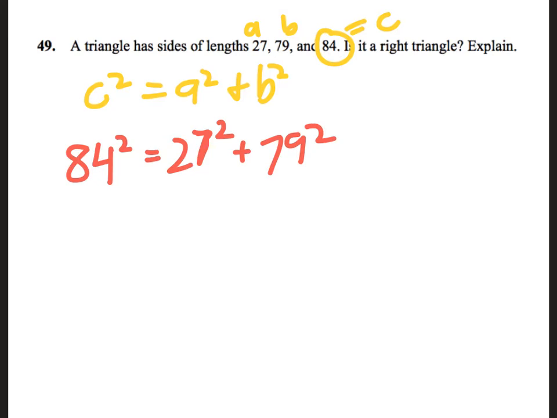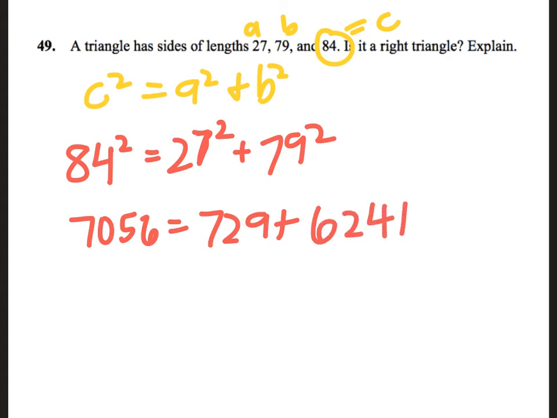Alright, if I do 84 squared, I get 7,056 equals 27 squared, which is 729, plus 79 squared, which is 6,241.